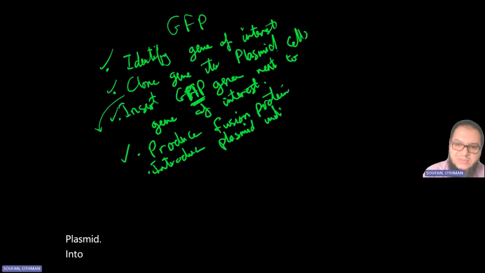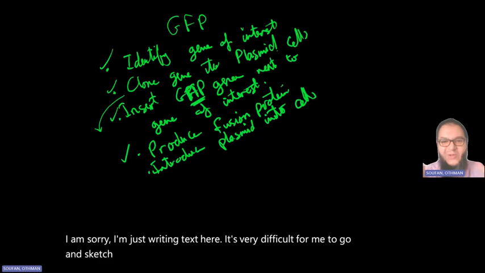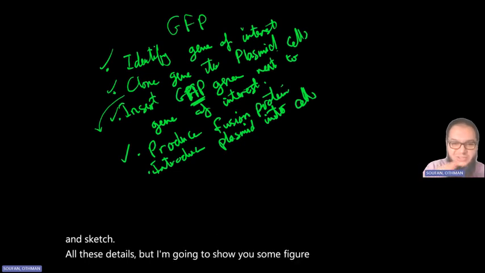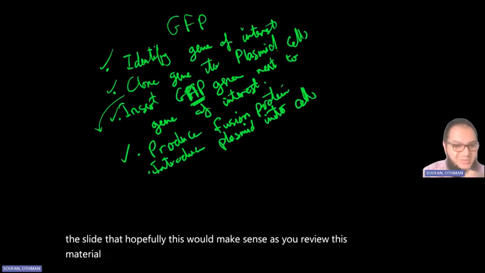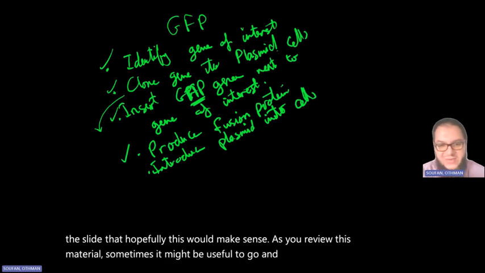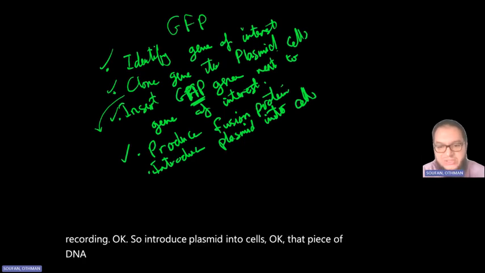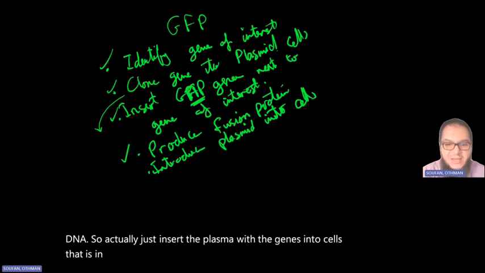I am sorry, I'm just writing text here. It's very difficult for me to sketch all of these details, but I'm going to show you a figure next on the slide that hopefully will make sense as you review this material. Sometimes it might be useful to repeat the recording. So introduce the plasmid into cells, that piece of DNA. We actually insert the plasmid with the genes into cells. That is, in summary, what is going to be done.